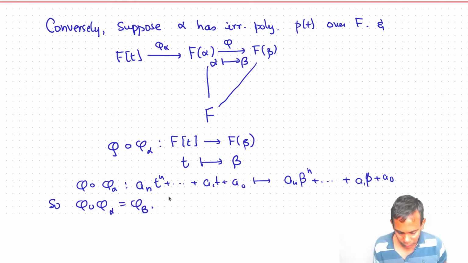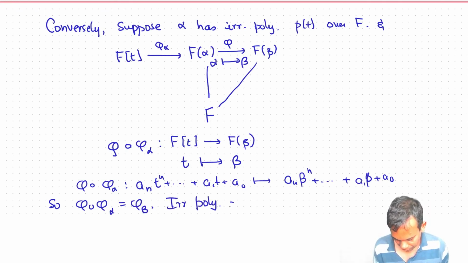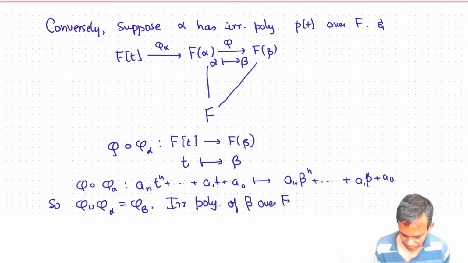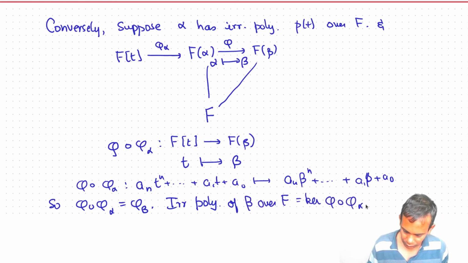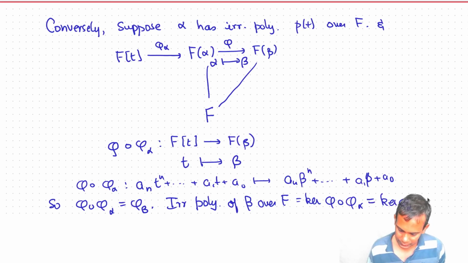So the irreducible polynomial of beta over F is the kernel of phi circle phi alpha, but that's the kernel of phi alpha because phi is an isomorphism, but this is the generator of the kernel of phi alpha.